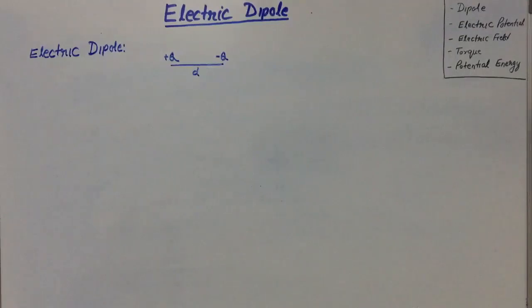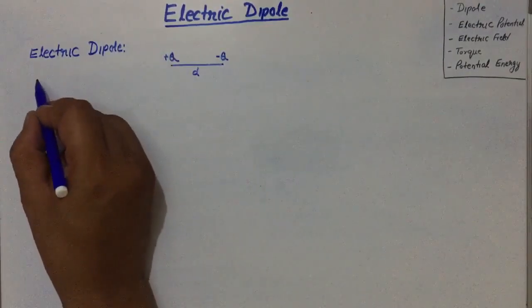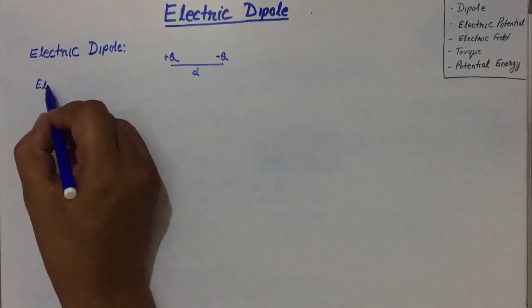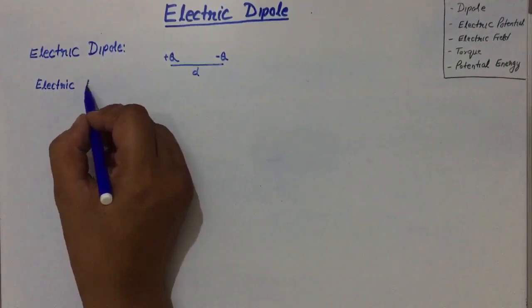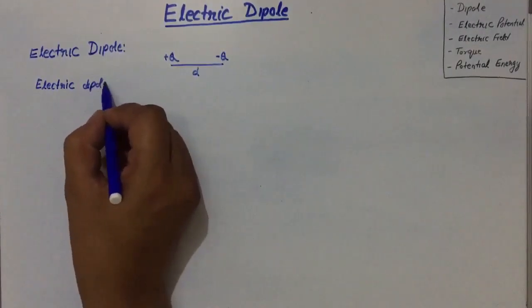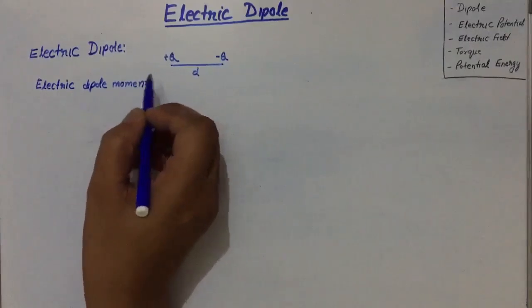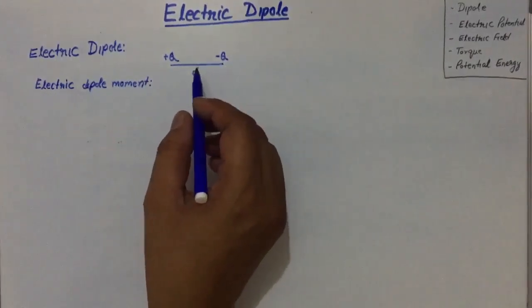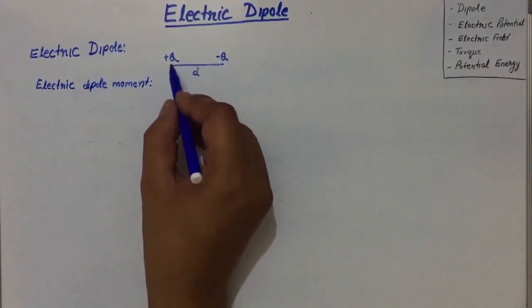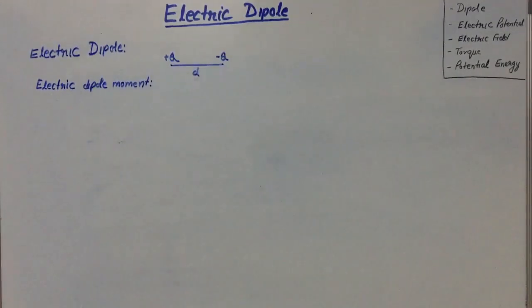After the definition, the term that is given for them is the dipole moment. In the case of electric charges, it is termed the electric dipole moment. This term gives the visualization of the charge and the separation of these two.